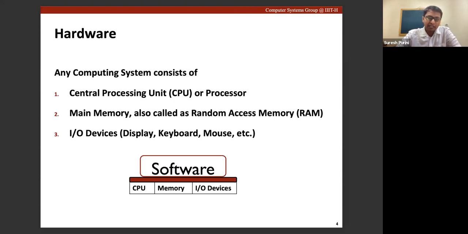All these things constitute IO devices. It doesn't matter which computing system we talk about. Every computing system, if you look at the hardware, these are the primary components: a processor, also called CPU, main memory, also called random access memory, and a bunch of IO devices.